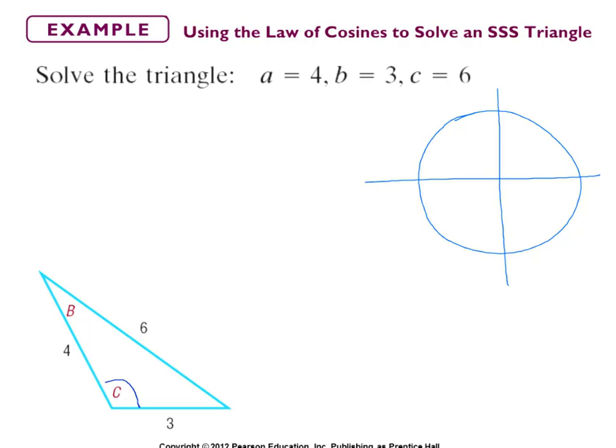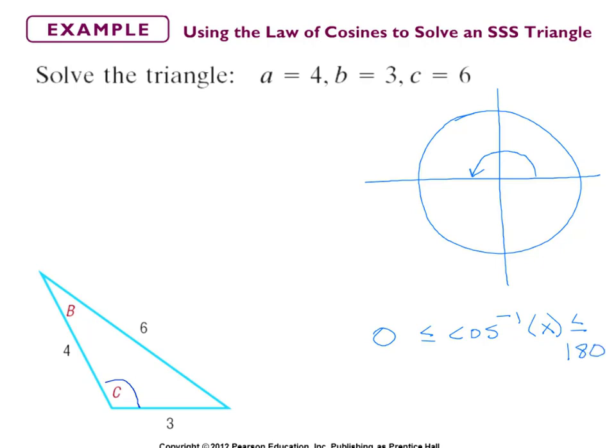So remember that we said that the range of the inverse cosine is from 0 to pi. So that means I have a solution for inverse cosine that's in quadrant 1 or quadrant 2. Let's just use, instead of 0 and pi, between 0 and 180.